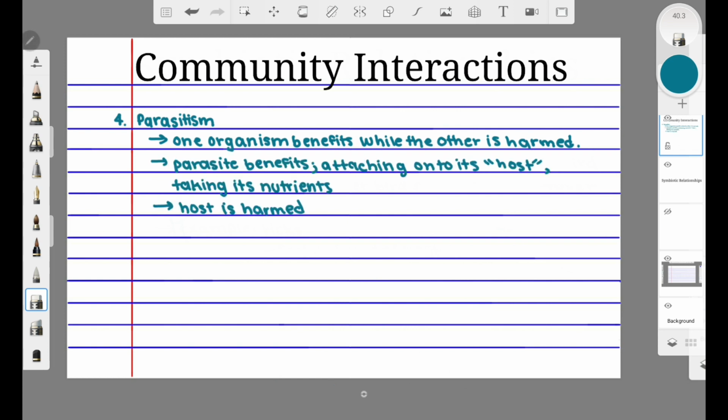The parasite is the one that benefits because it attaches onto what we call the host, or basically the organism being harmed, and it starts taking its nutrients and starts to weaken the host. So obviously the host is being harmed in this case. And one example of parasitism is ticks, which feed on their host's blood.